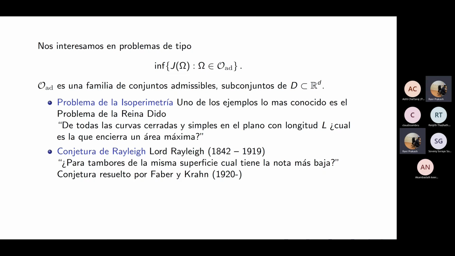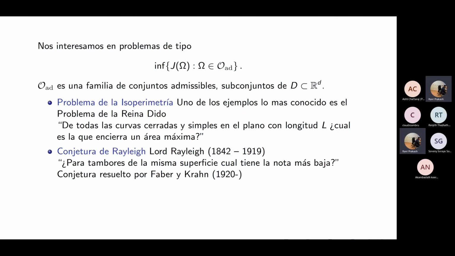There are many vibrating modes, so you take the lowest for this shape, and it will change with the form. When you take a different shape of the drum, it has a different lowest frequency. And the conjecture he made was that this has to be the least when the drum is the shape of a circle or a disc.